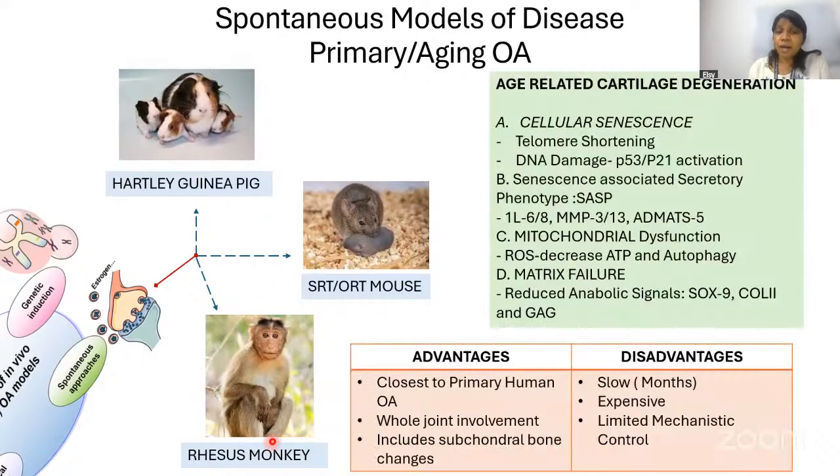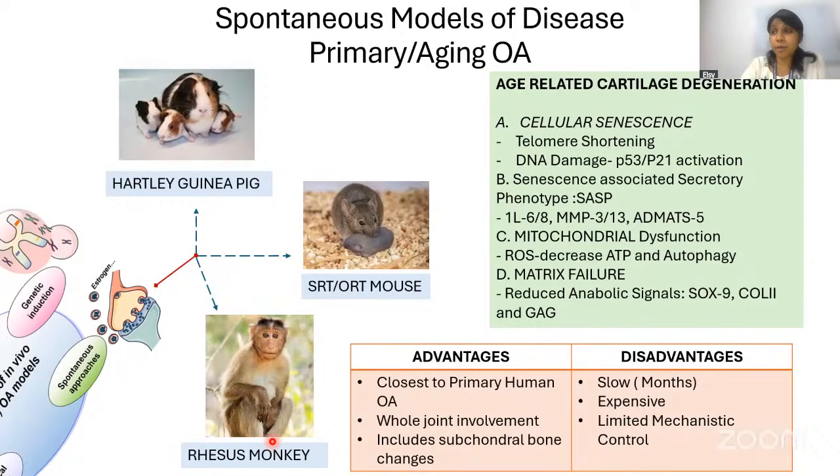The advantage is it is prone to develop aging changes, so you can get a picture similar to what happens in a human. There is whole joint involvement. It can also involve the bone, where you know that the following pathways are triggered, and eventually there is matrix failure. But the problem with these models is that they are slow, expensive, and have limited control because it is what happens spontaneously and it is not under your control.